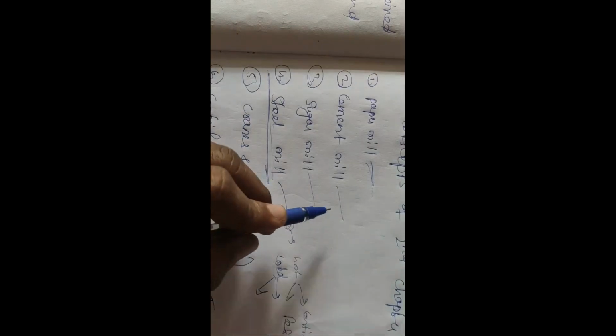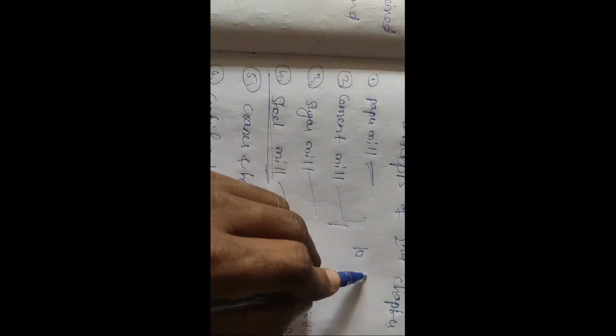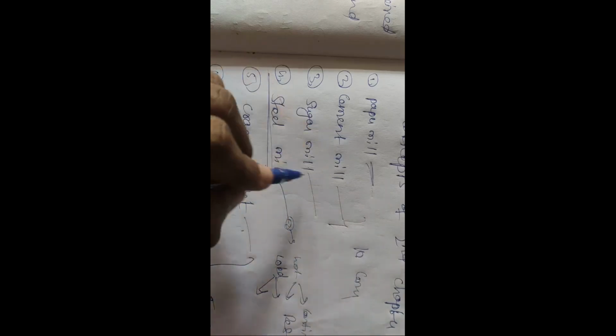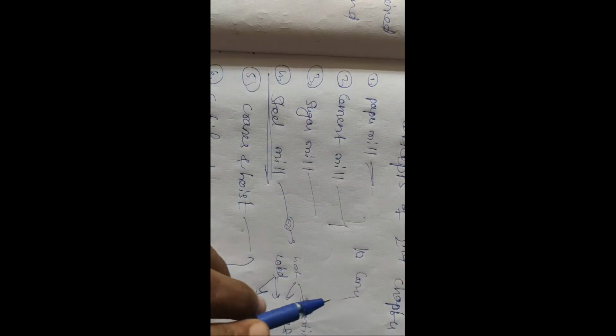But the first concepts, that is paper mill, cement mill, sugar mill and steel mill, so not crane and hoist, only these 4 concepts, will be asked for 10 marks. This is a compulsory question. Out of these 4, you are definitely going to get 1 question, so you are going to get 10 marks here.